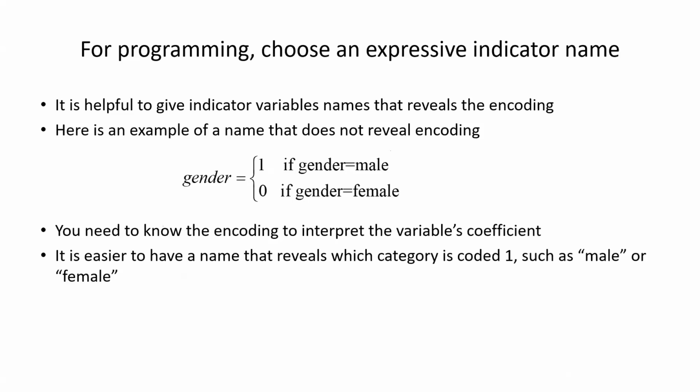I recommend that you always give an indicator variable a name such that the name reveals what the coding is. When I call it gender, I don't know whether it's coded to male or to female. If instead I call it male, I know male is 1. And if I code it female, then I know female is 1.